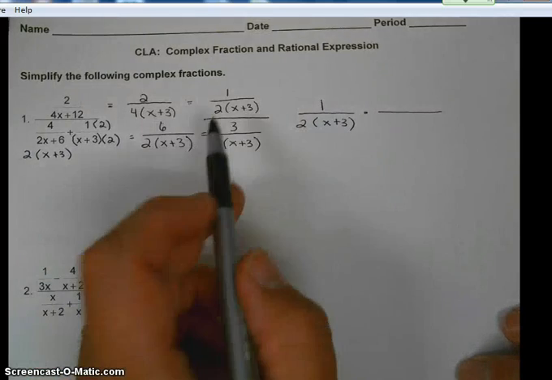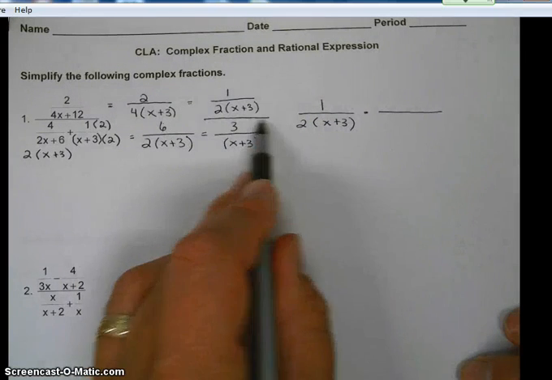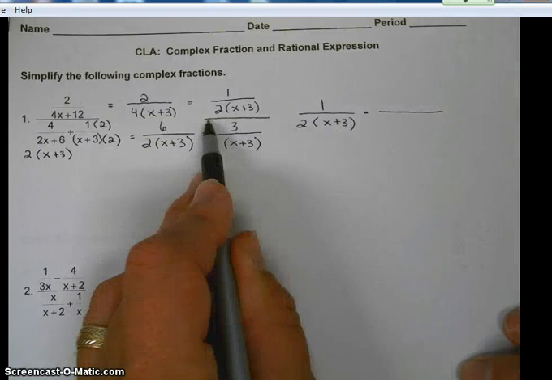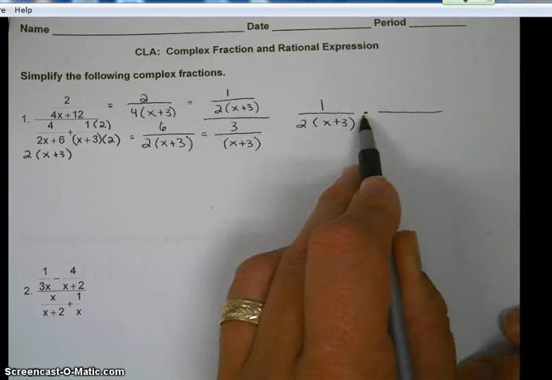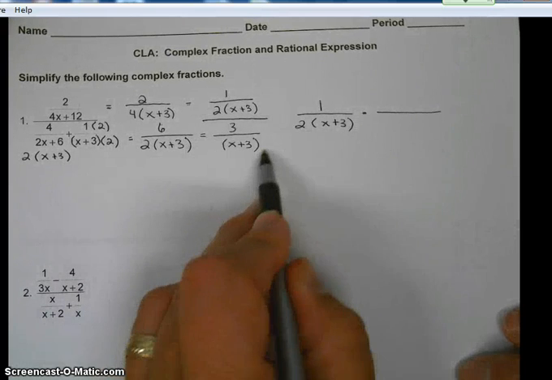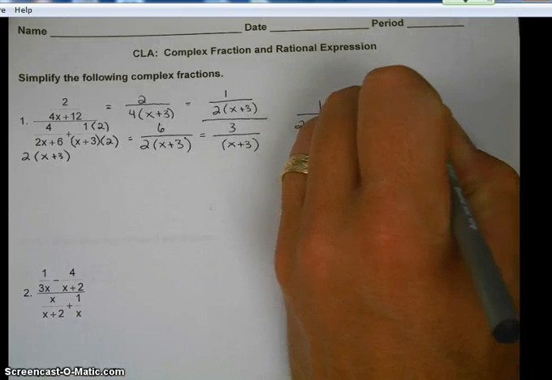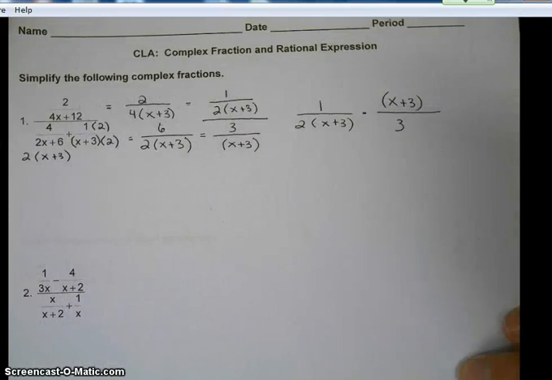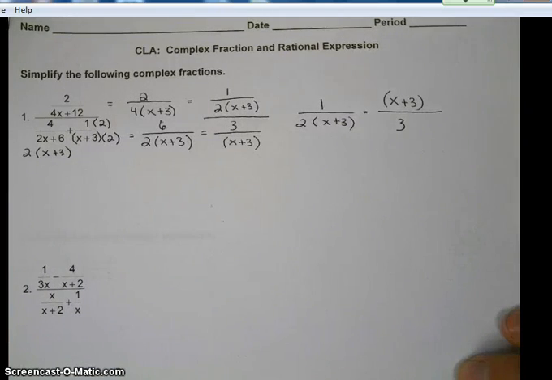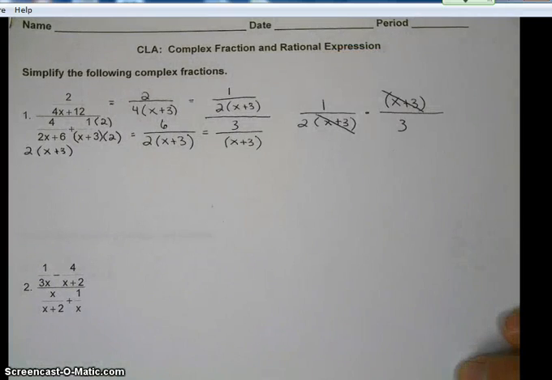All right, now that we've simplified the numerator and we've simplified the denominator, we're dividing fractions. So remember, when dividing fractions, you multiply the numerator times the reciprocal of the denominator. I like to put my groups in grouping symbols. It just helps me see them better. Okay, so obviously we can cancel the x plus 3's.